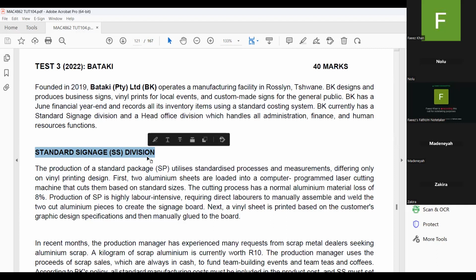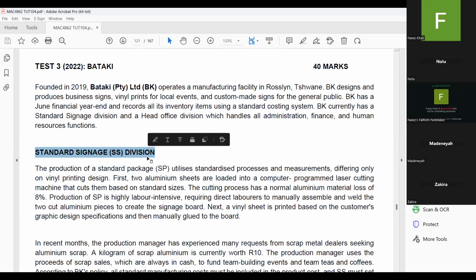It depends on the costing system. If you are using the variable costing system, then we use only variable manufacturing overheads. If you're using the absorption costing system, then you will include both fixed and variable manufacturing overheads. Okay, so that is how you think about the cost of a product.